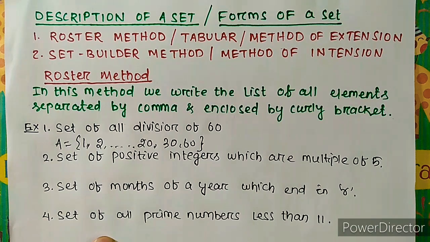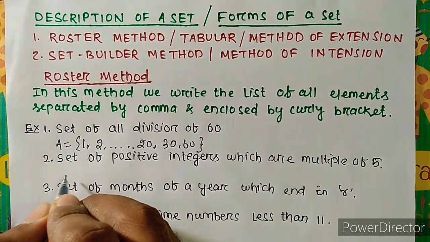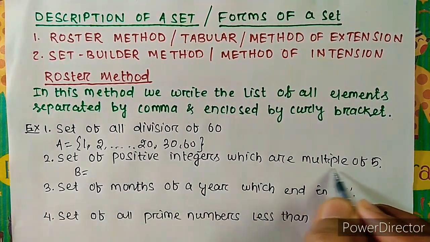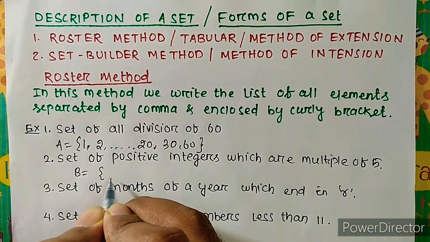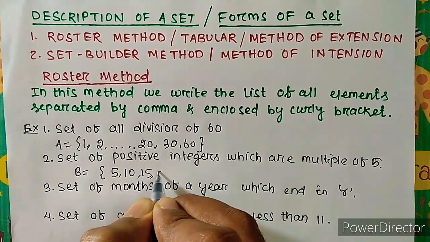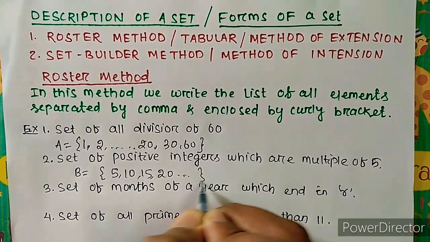And the next one is the set of the positive integers which are the multiples of 5. So take the set name as B, and now we have to write the multiples of 5. With the curly bracket starting, 5, 10, 15, 20 and so on.